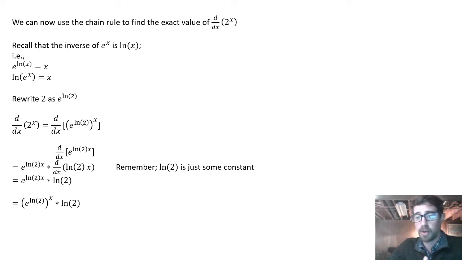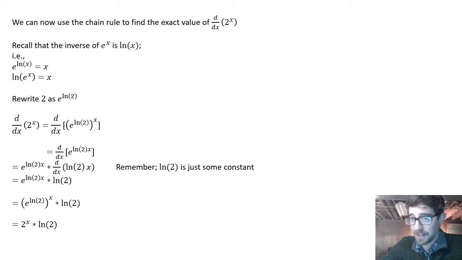And then we go all the way back to the top and say, okay, where did we get this weird e to the ln of 2? Oh, that's 2. By definition, they're inverses, so e to the natural log of 2 is just 2. So the whole first thing is just 2 to the x.